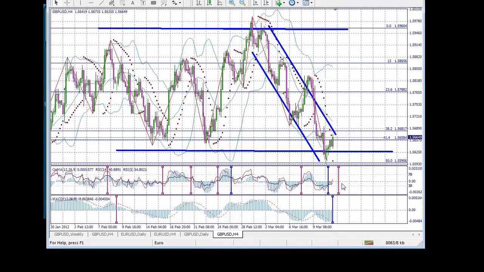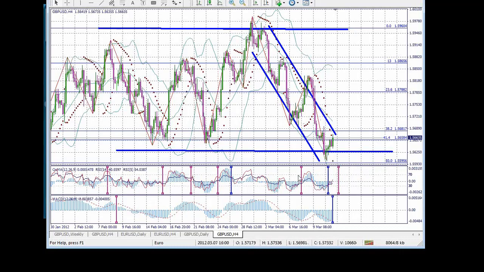For sure, this up move will break this trend line. And also we can see here the confirmation for SAR, because up to this candle the SAR was above, now is under the currency.